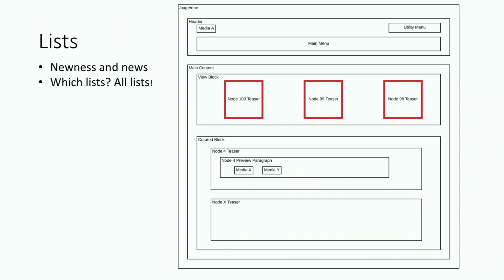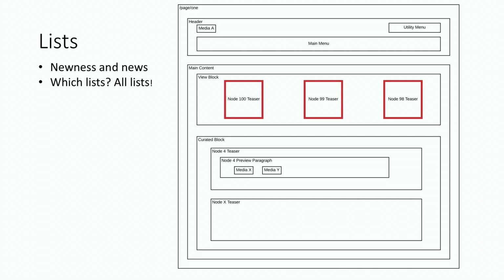So one big thing that I think I was only vaguely aware of until recently was the fact that the cache system, I don't want to say it has trouble with lists, but lists are a hard problem to solve. Lists of content, particularly views of content.